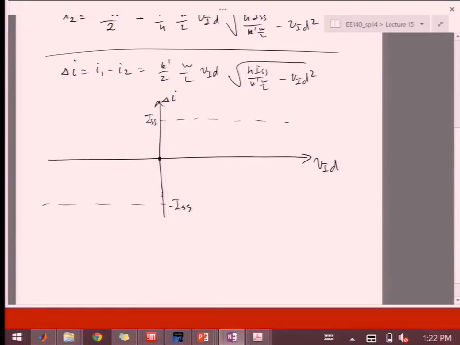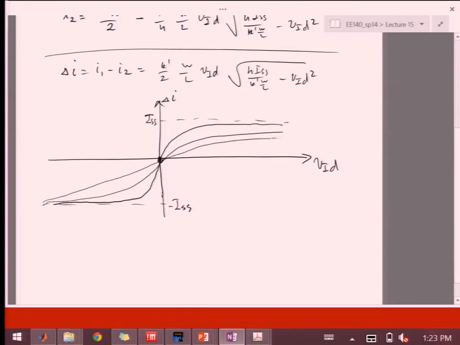These happen when I switch all the currents to flow through one of the transistors. And then in this range over here, I'm going to get different curves. I'm not drawing too well. And all these are going to essentially depend on the V overdrive.